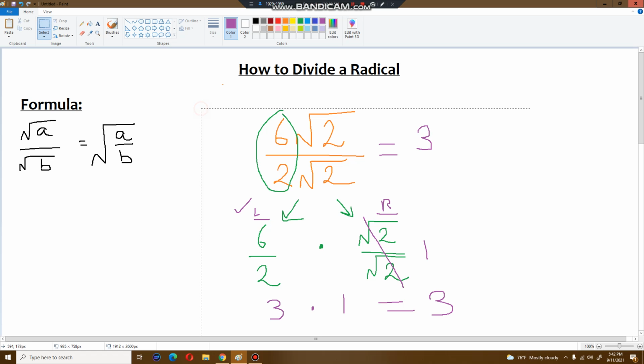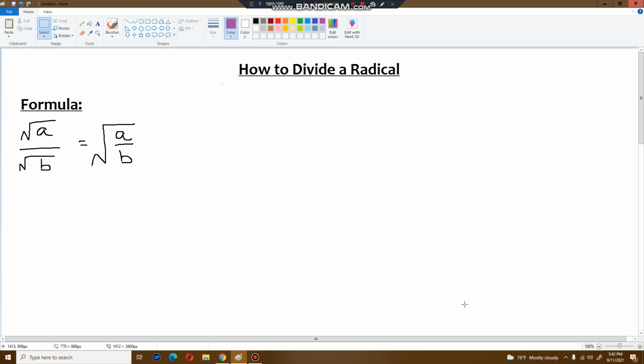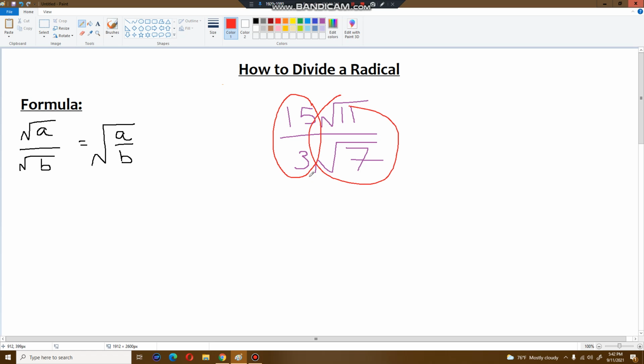Let me show you another example. Let's try another example: 15 radical 11 divided by 3 radical 7. Again, we have coefficients over here, and we got radicals on the other side. Let's split them apart.